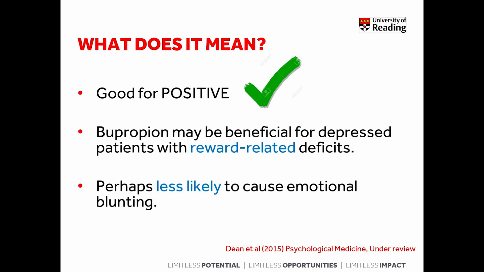And so the results of this study just go to show that dopamine drugs, or drugs that interact with the catecholamines like norepinephrine and dopamine, seem to be good for a lack of reward in depressed patients.